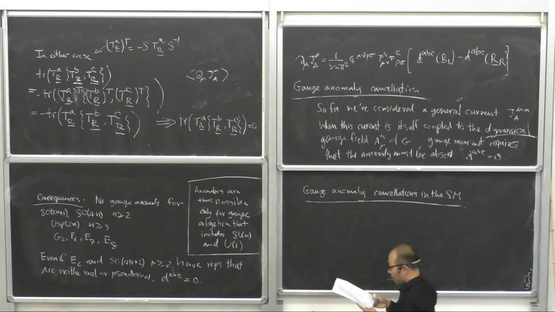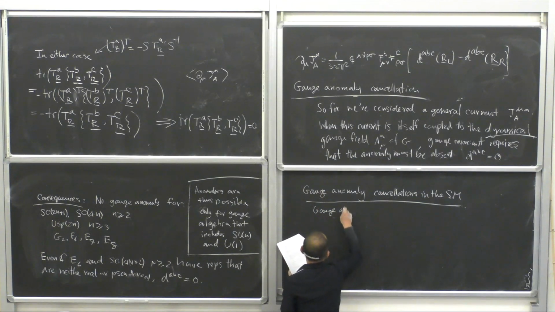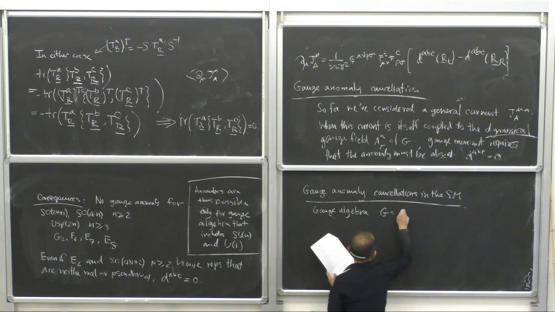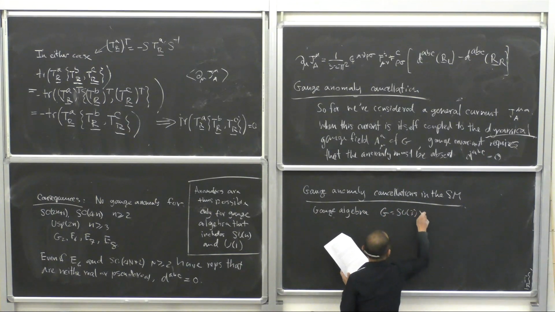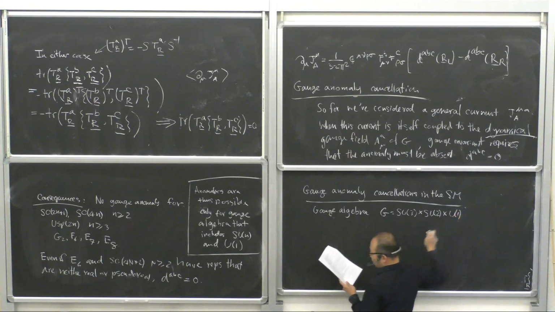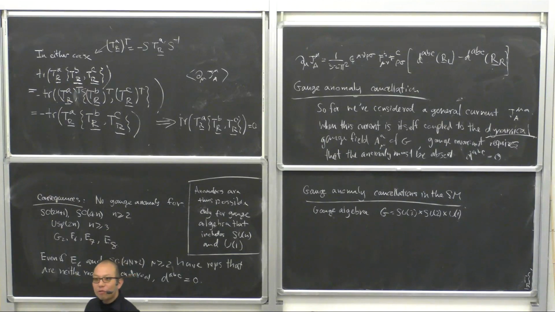Okay, we consider the gauge algebra to be G equal to SU(3) times SU(2) times U(1). Now I will take the interpretation that I introduced to you.